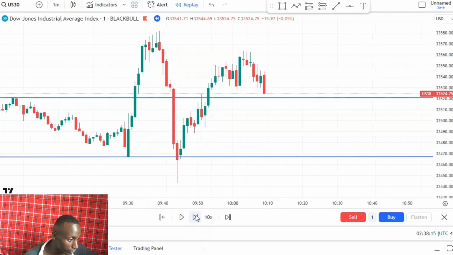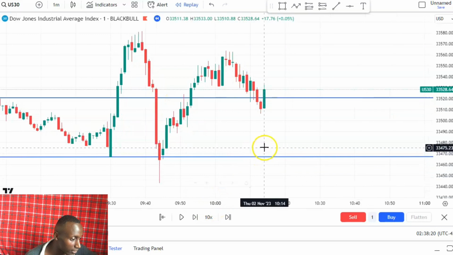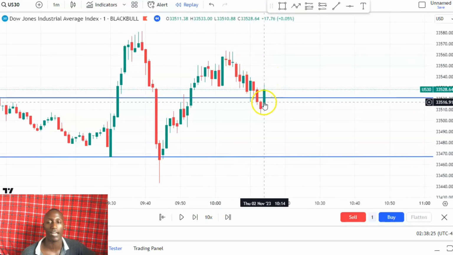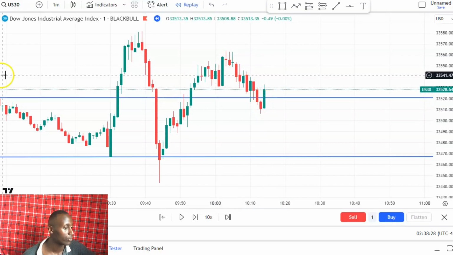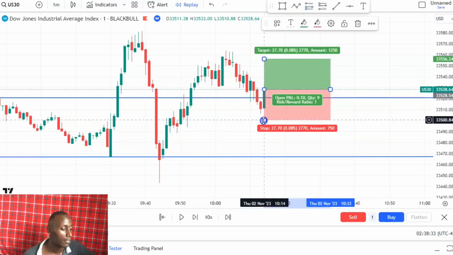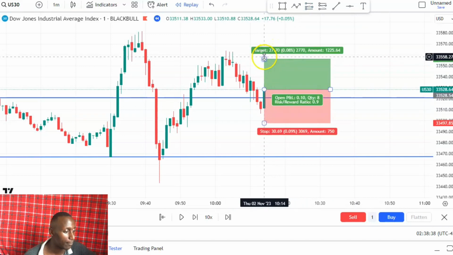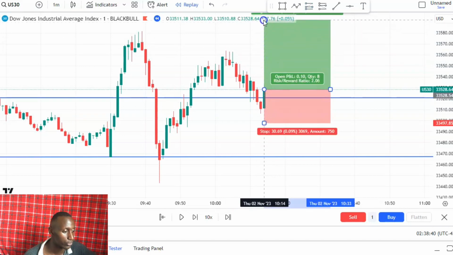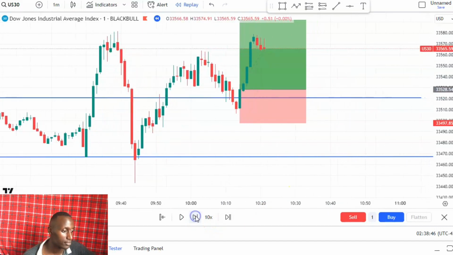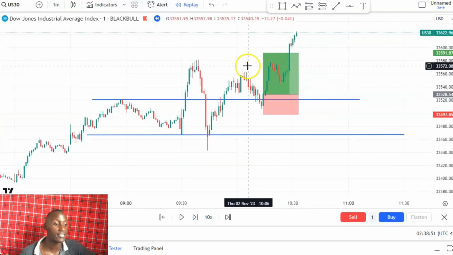So I'm looking for 3 pushes or 3 candles or more with an engulfment candle. And that, boom, we have 3 pushes to the downside and an engulfment candle at 10:15. So this was my entry going long. And then my stop was 30 pips and my take profit was 60 pips and price did its thing and eventually hit TP. So that is the process.